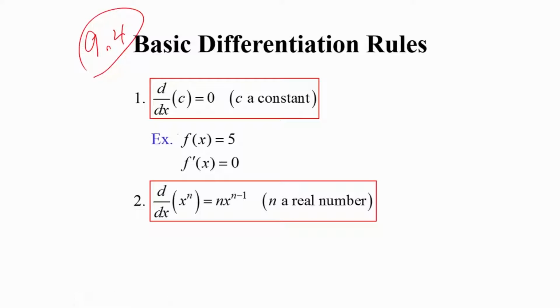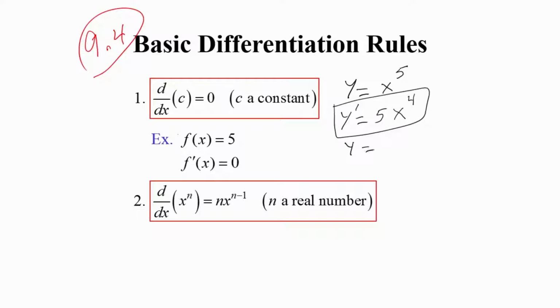So let's say y is equal to x to the 5th power. Then y prime would be equal to 5 comes to the front, then you write the x, you subtract 1 from the power. So 5 minus 1 is 4.